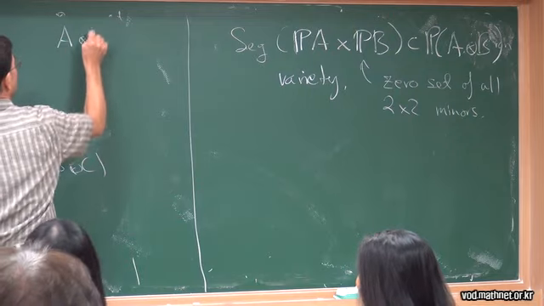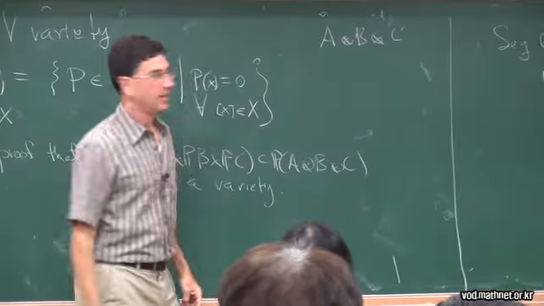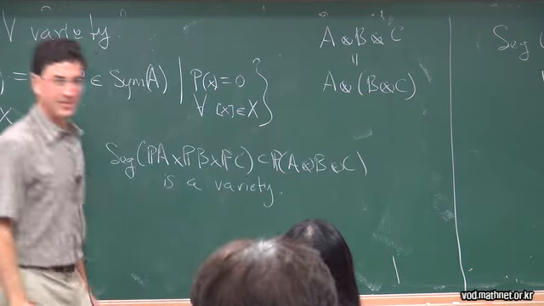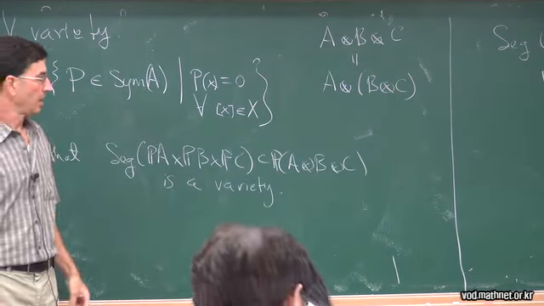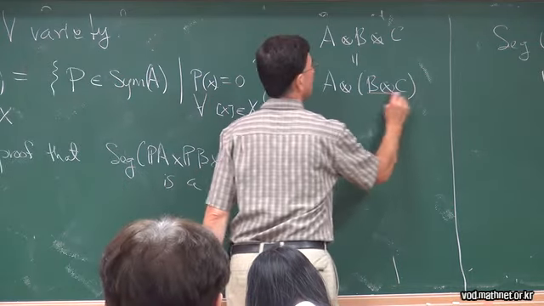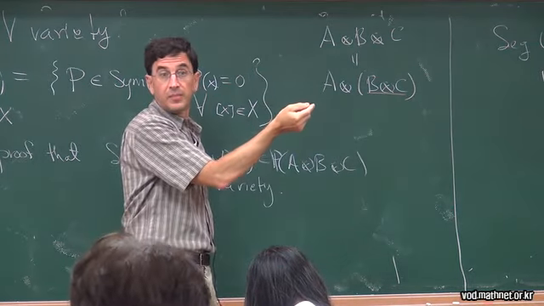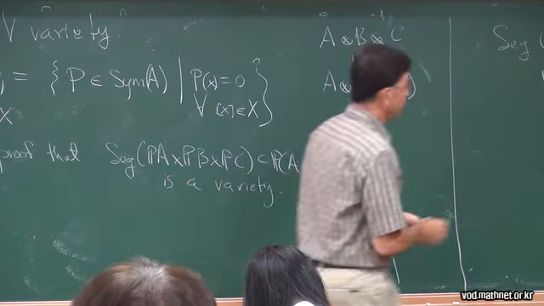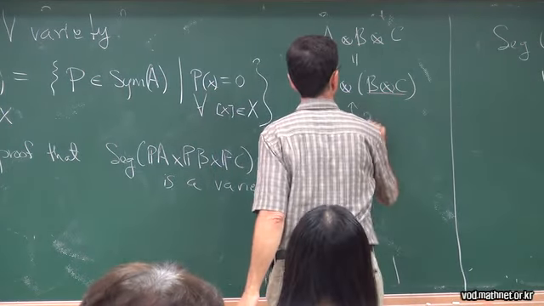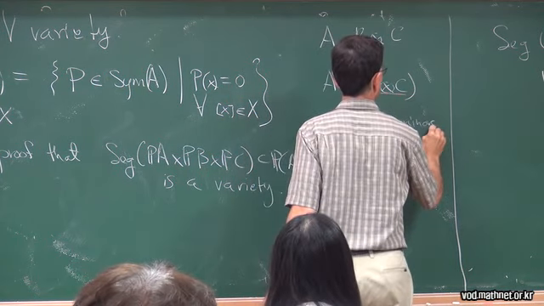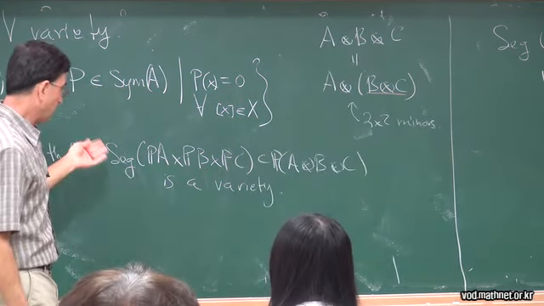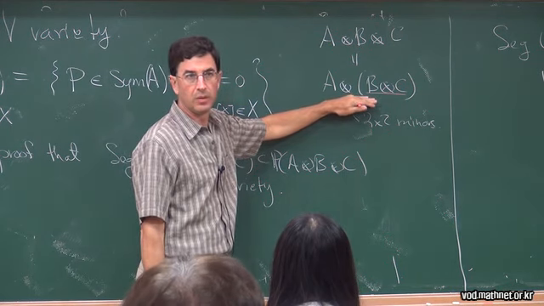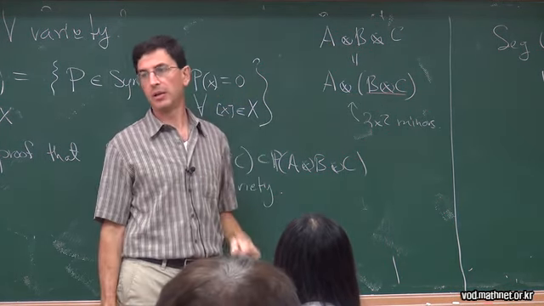I can write A tensor B tensor C as A tensor B tensor C. Well, this thing here is a vector space, and so I can take the 2 by 2 minors here, and I claim, it's very easy to see, that if I have a point here, then all these 2 by 2 minors must be 0. So that gives me some polynomials.